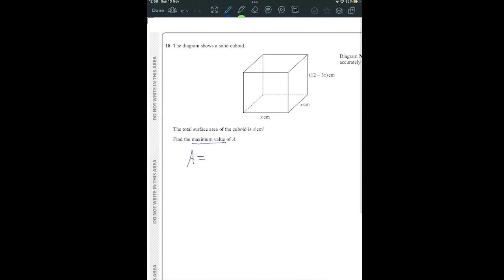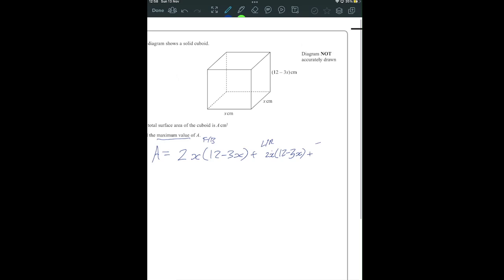So we've got two lots of, well, let's do the front and back first, is x times 2x minus 3, that's our front slash back, plus, and our left and right are exactly the same, 2x, 12 minus 3x, and then the top and bottom are both squares of side lengths x.